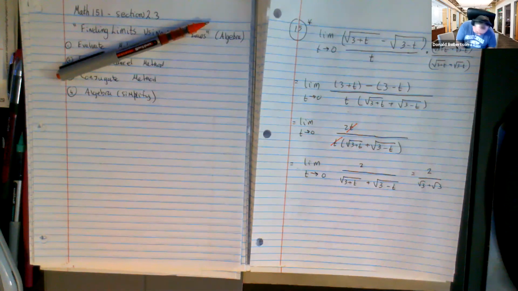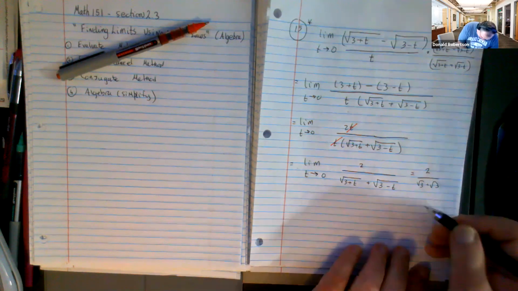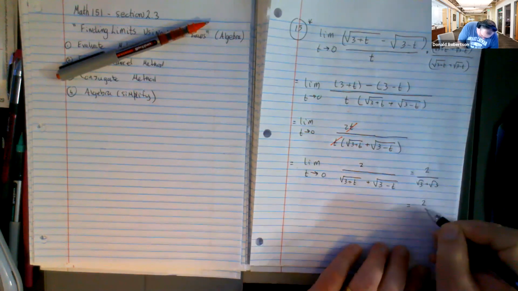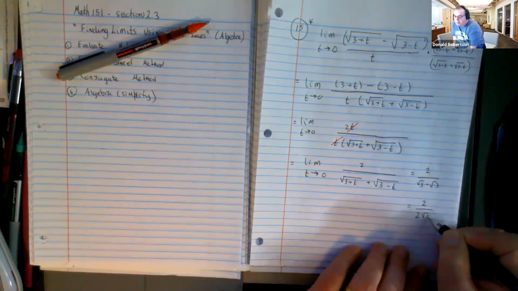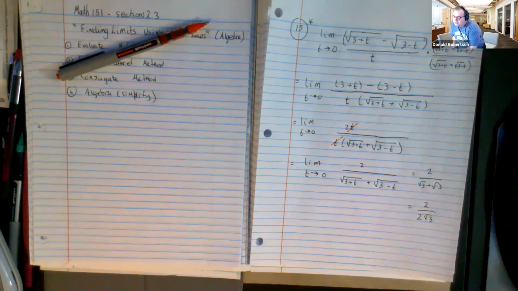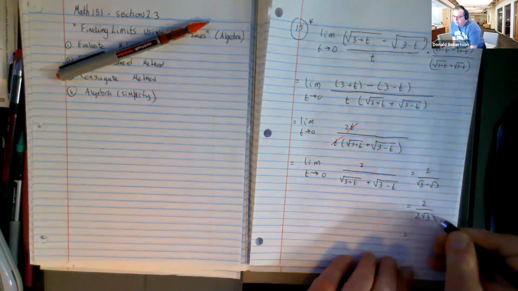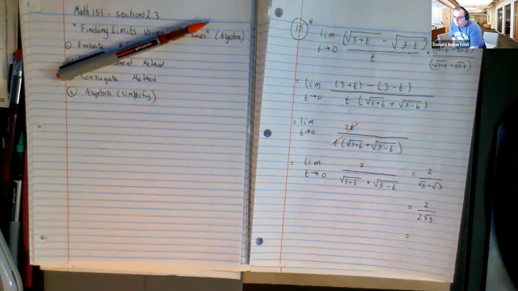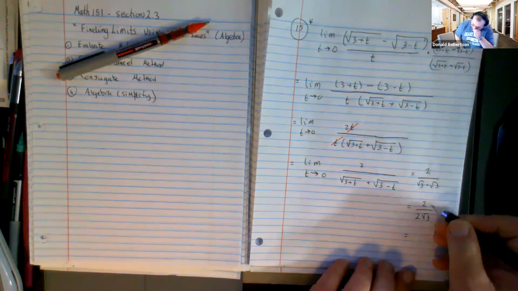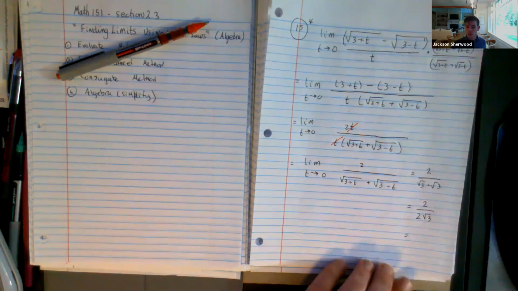So let's go hunting for what would be considered a better version. Would you agree that that's a little bit better looking? Is there anything I could do to make this pretty? Go for the obvious. You can cancel out the 2's and make it 1 over square root of 3.